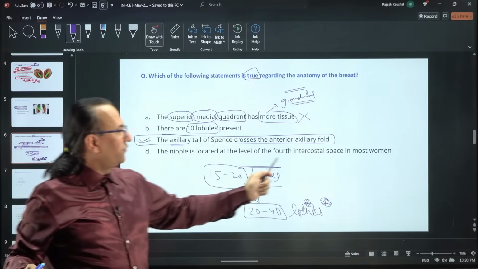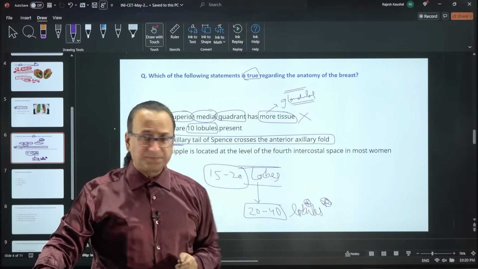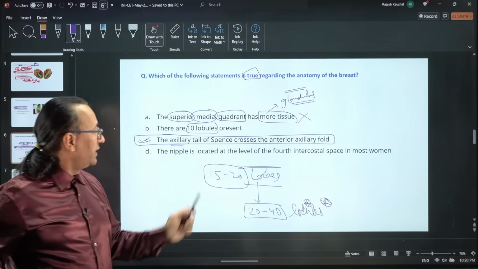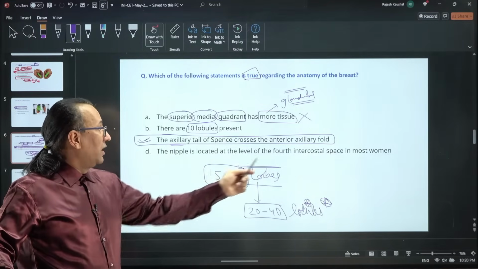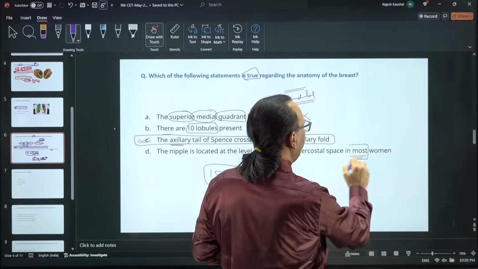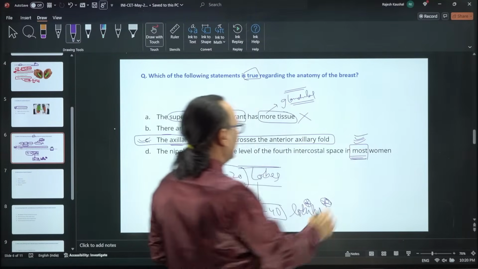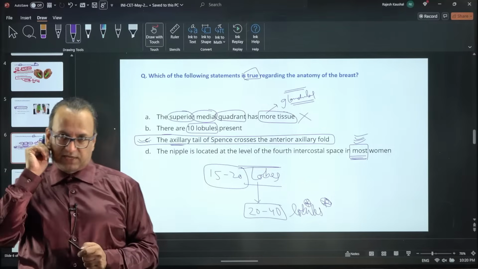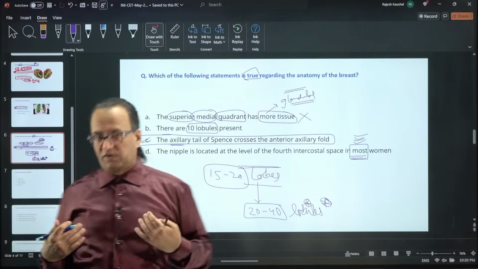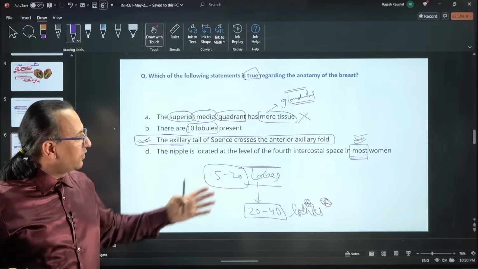Nipple is located at the level of the 4th intercostal space in most women. I don't know whether this choice was there or some other choice. Anatomically you can say it is correct, but in most women it is not at the 4th intercostal space.